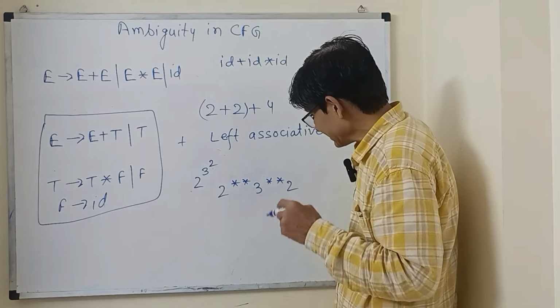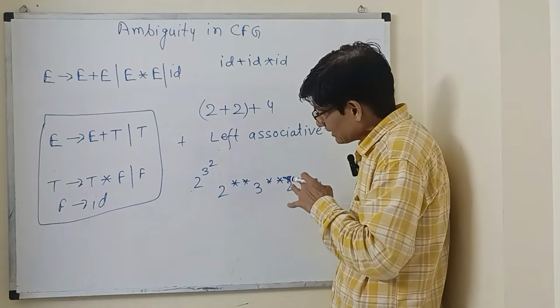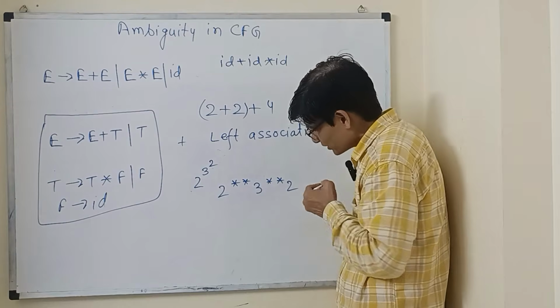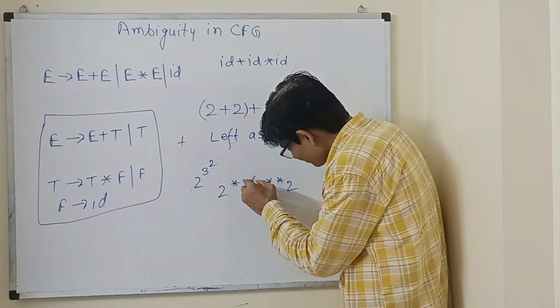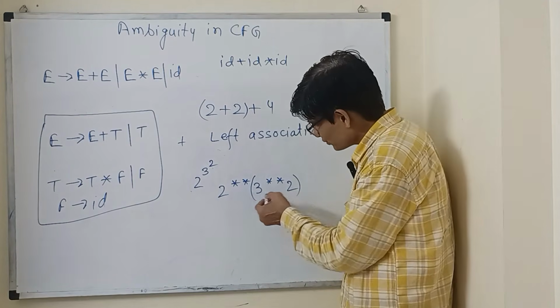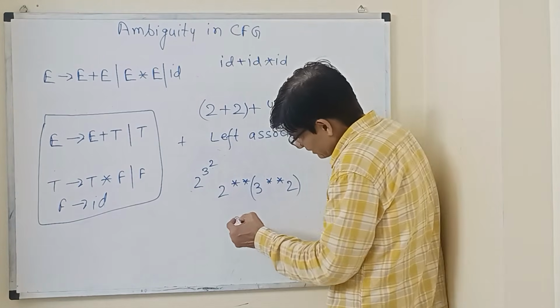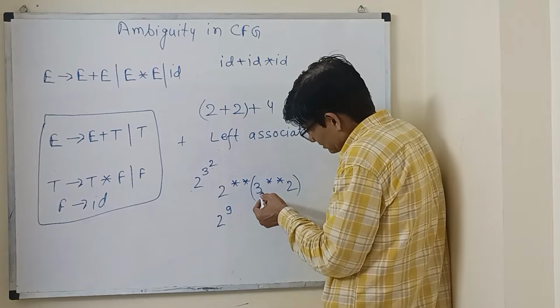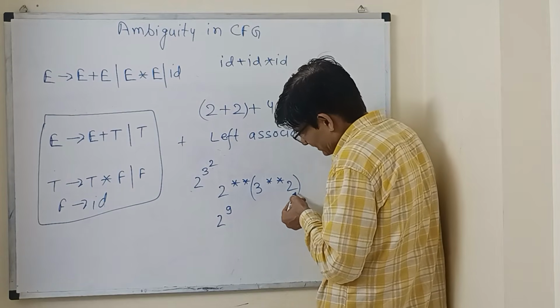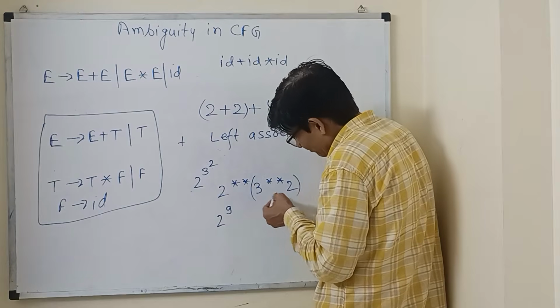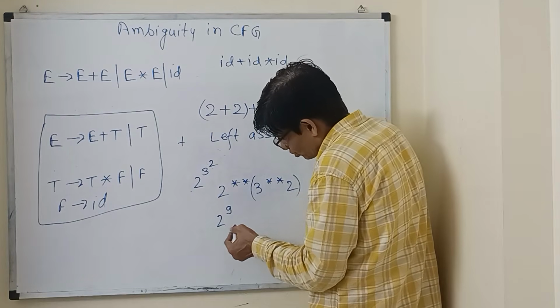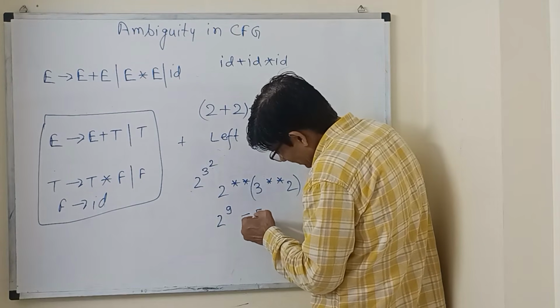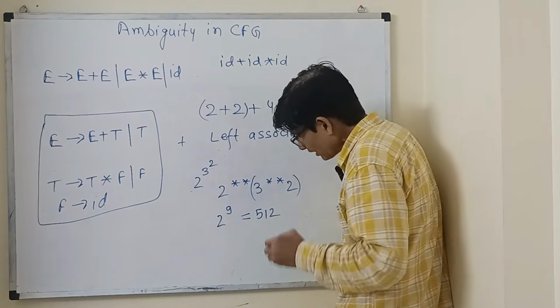Now in this operation, this part would be calculated first, 3 to the power 2, which will be 9. So this power will be given to 2, resulting in 2 to the power 9, which is 512.